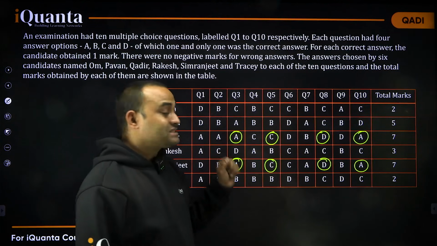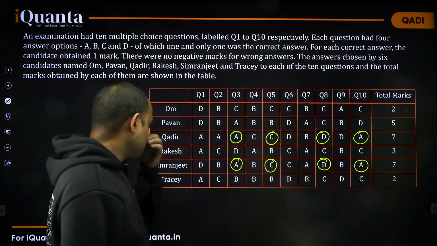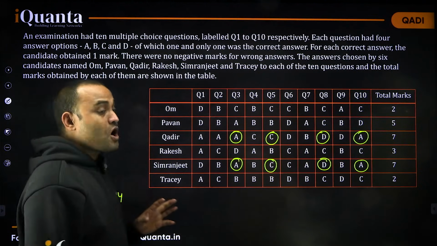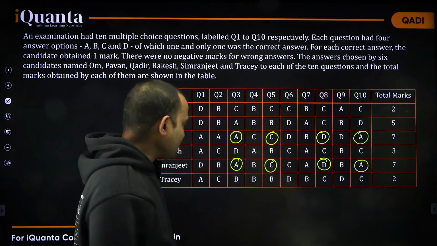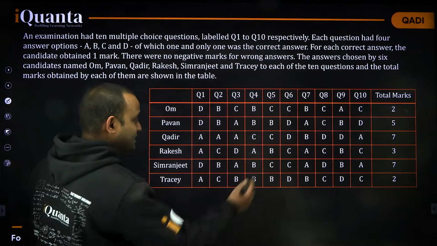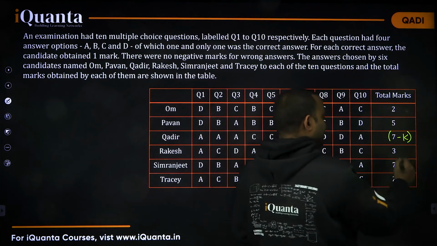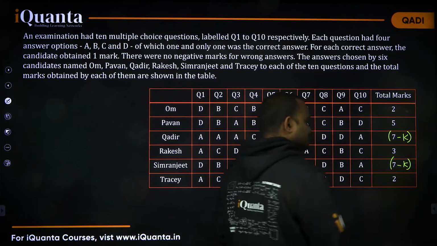Qadir will get only 6 correct, 4 wrong. Same for Simranjit. That is not possible. What we can say, if the number of common answers they have given is k, so 7 minus k will be different answers, right?